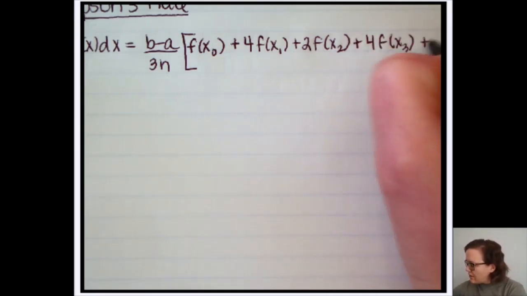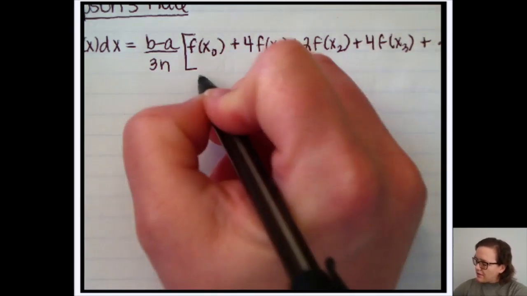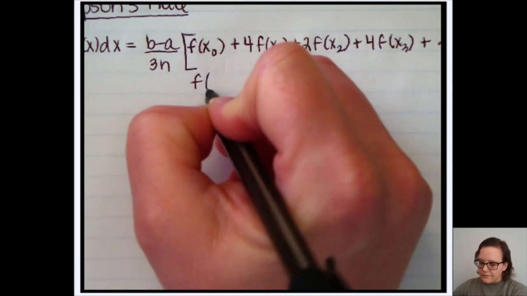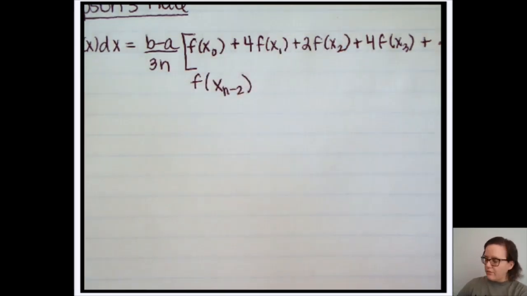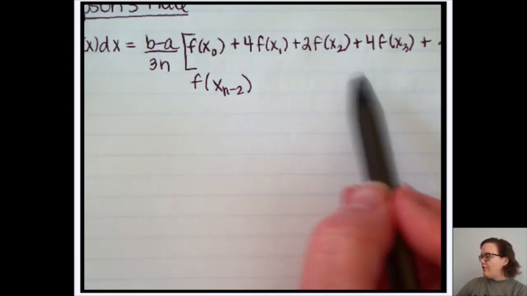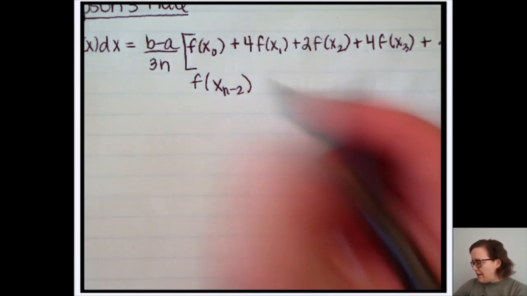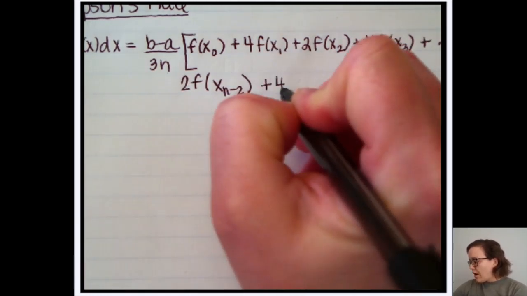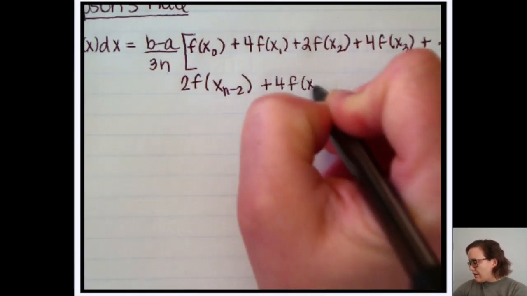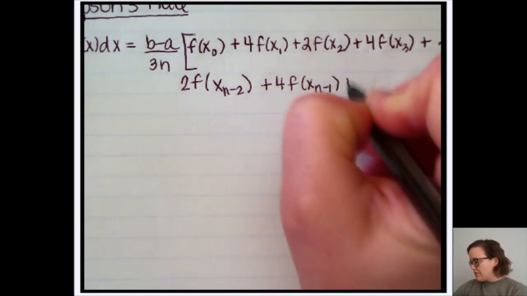So we keep on going until we get to the third from last term. So we're going 4, 2, 4, 2, 4, 2. Then we would have a 2 here, we have a 4, and then our last term is just 1.